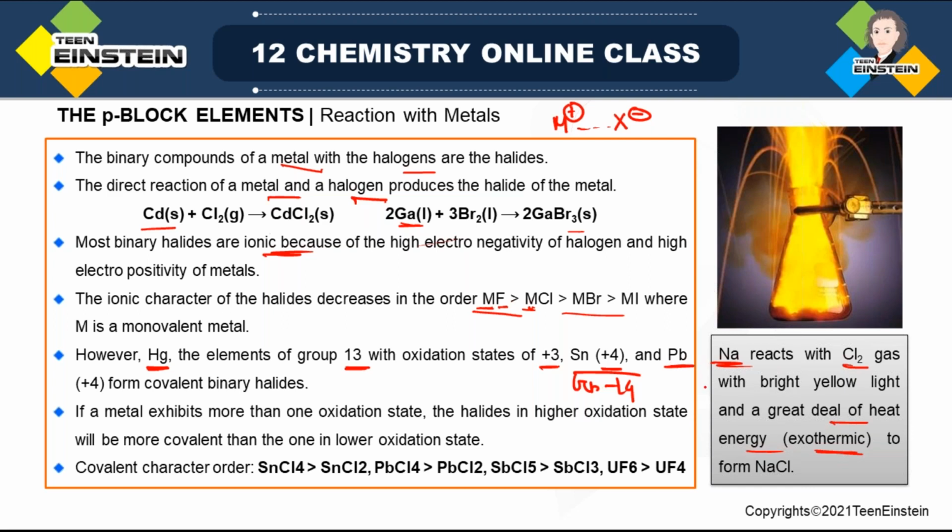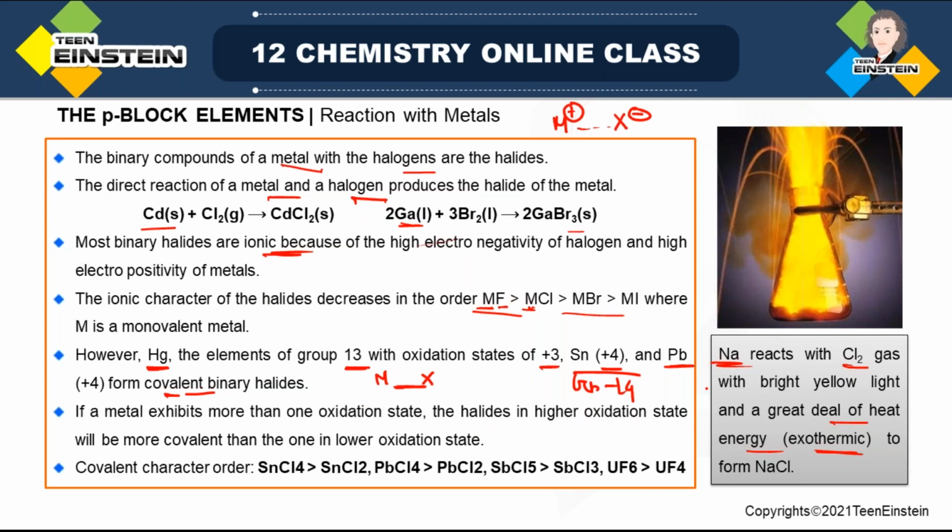So for mercury, group 13 elements, tin and lead, they can form covalent binary halides. That means when the metallic character of the metal is decreasing, the electronegativity difference between the metal and the halogen will also be less. So the lesser the electronegativity difference, the higher the tendency for covalent bond.